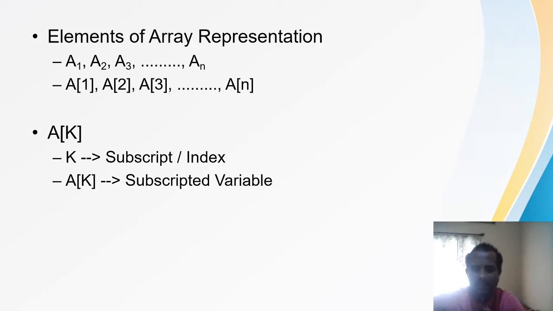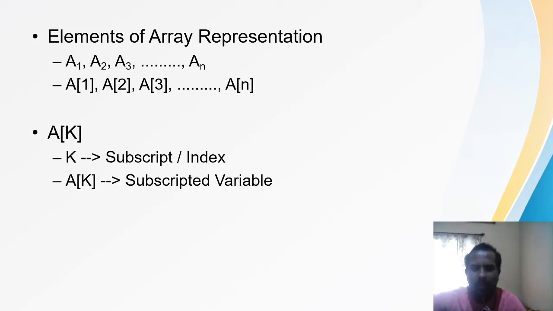How is the array represented? You can represent the array in two methods. Either you can use the matrix representation or you can use the subscript. So A1, A2, A3, A4, A5 till AN, or if you are only going to use the matrix notation or brackets, then A of 1, A of 2, A of 3 till AN.